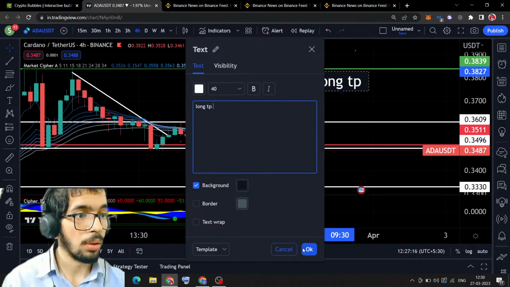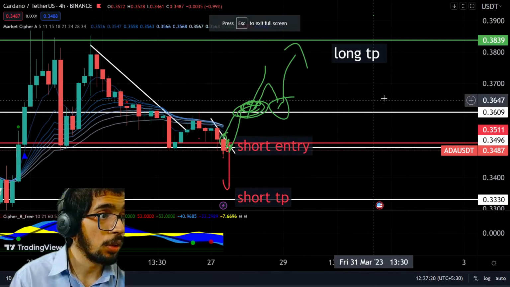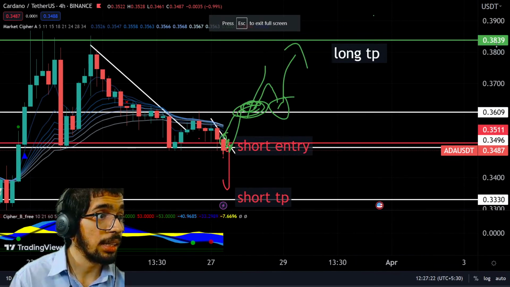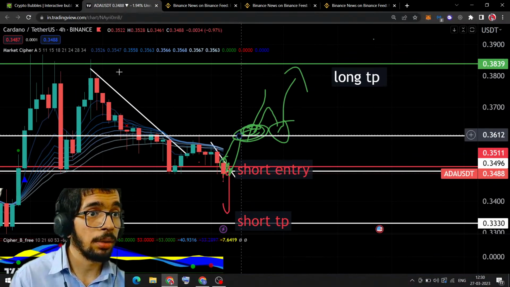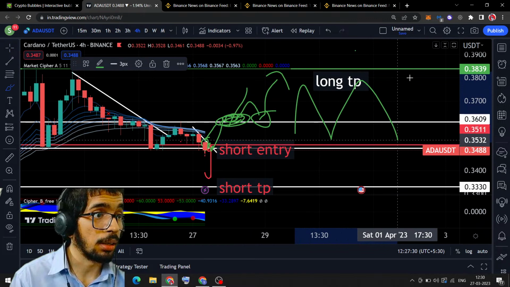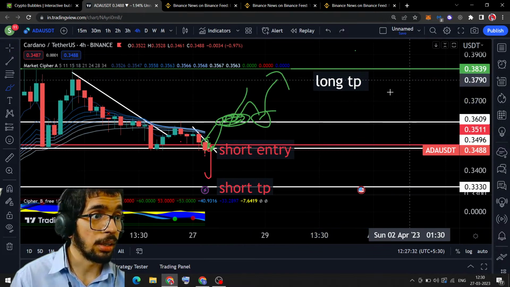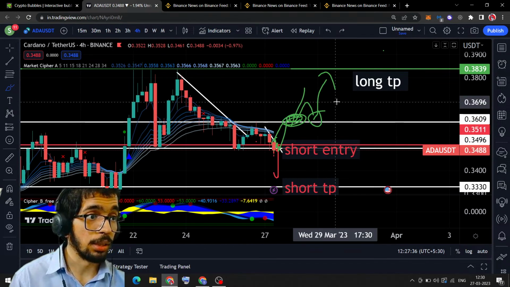So I'll know it's long TP. The long TP is at around 0.3839. It's more probably ranging right now, just ranging like that. So that's what it can do right now.